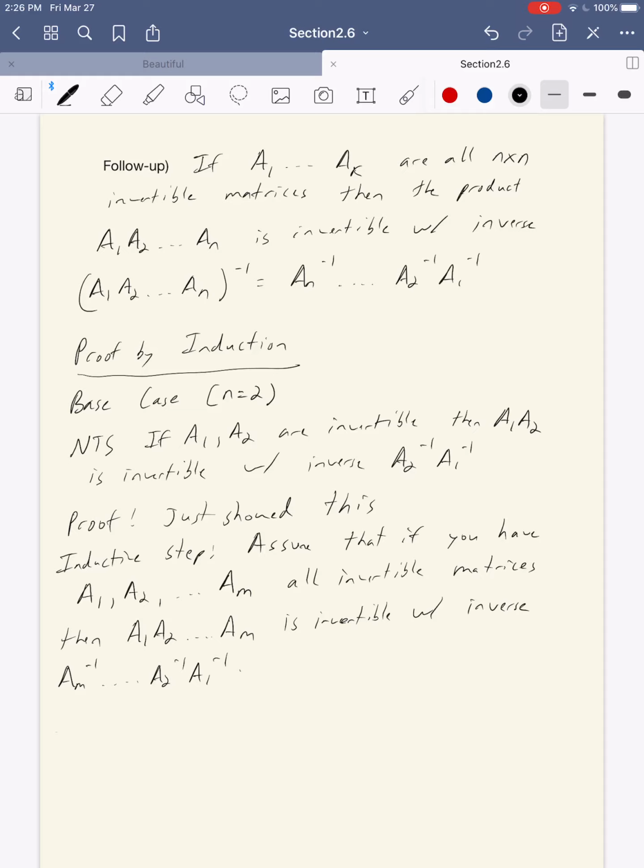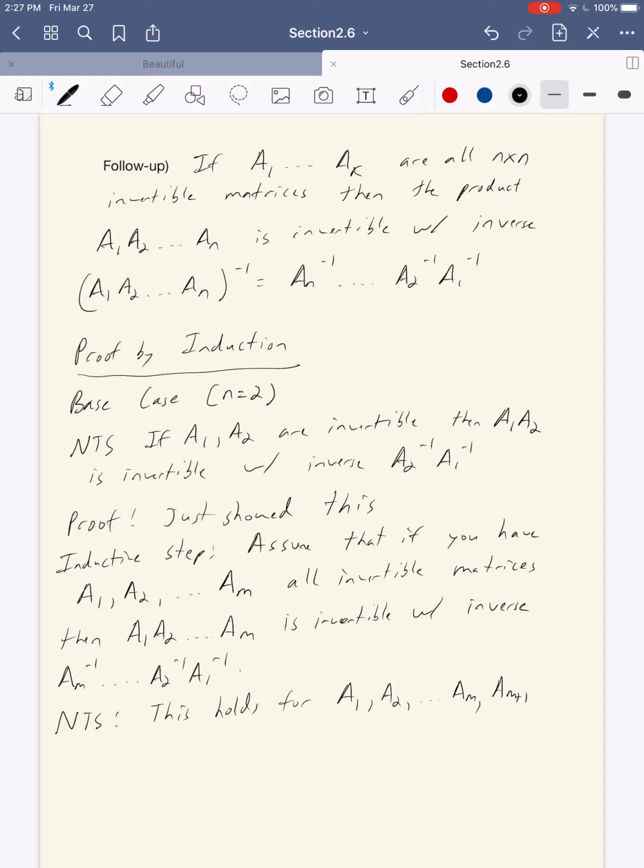What do we need to show then? Well, we need to show this holds for A1, A2, all the way down to AM, and then another one, AM plus 1.